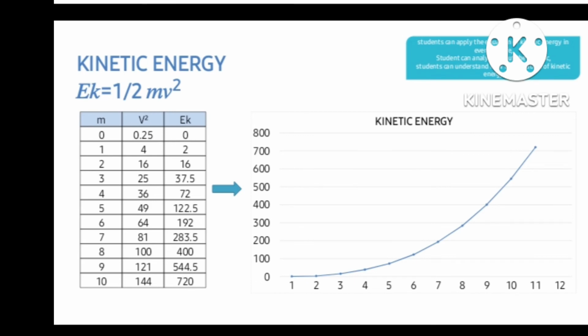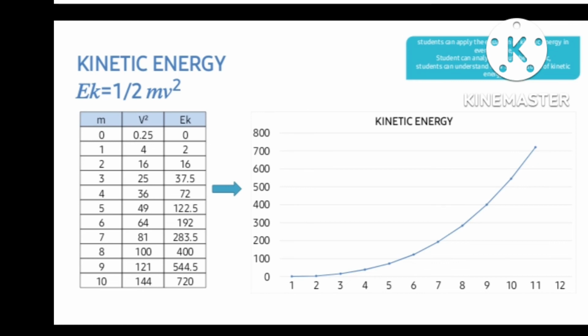Then the value of kinetic energy is 37.5. Next, the mass is 4, the square velocity is 36. Then the value of kinetic energy is 72. Next, the mass is 5, the square velocity is 49.